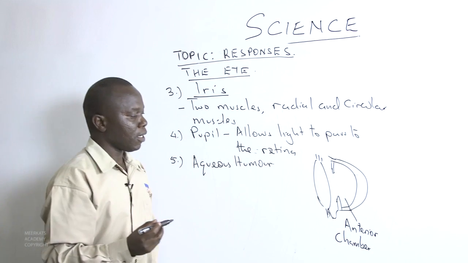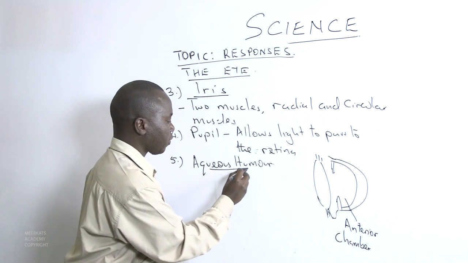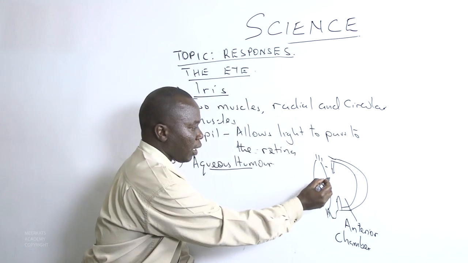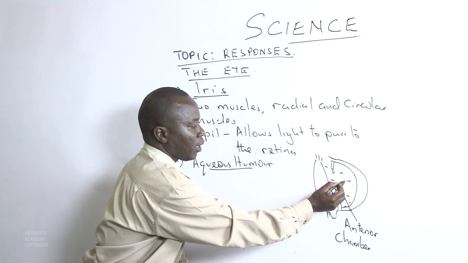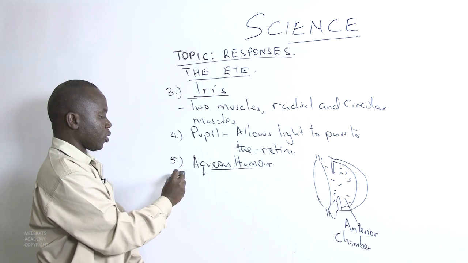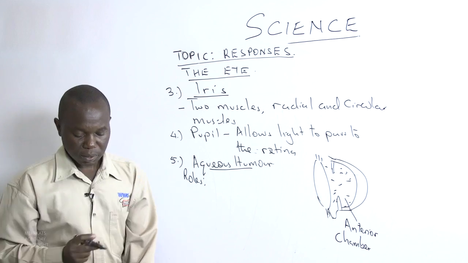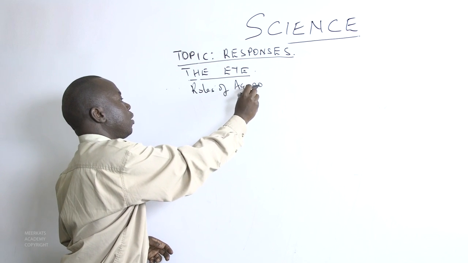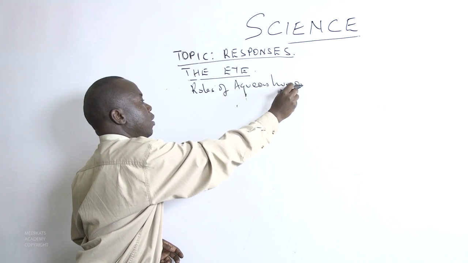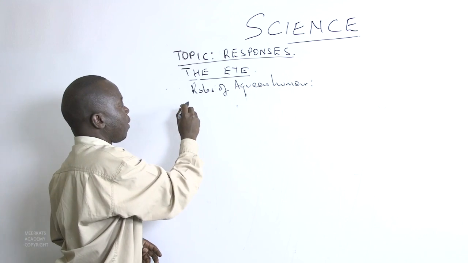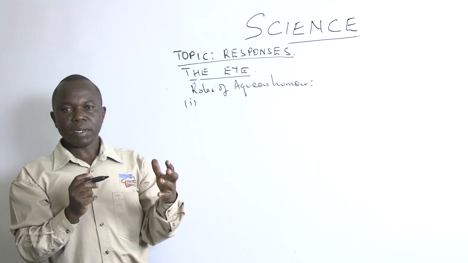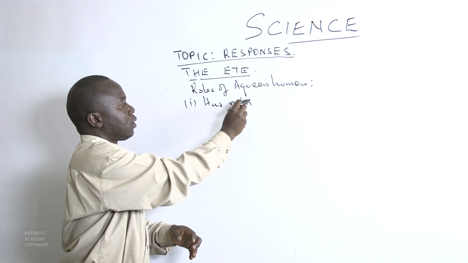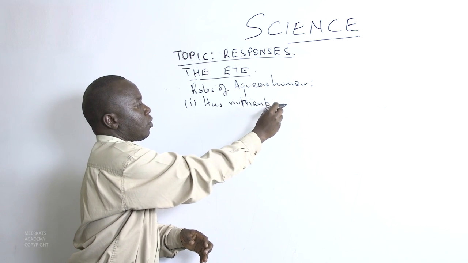Anterior chamber, we said it contains this fluid, the aqueous humor. So in here we have aqueous humor. Some of the roles of aqueous humor include: one, it contains nutrients and oxygen.